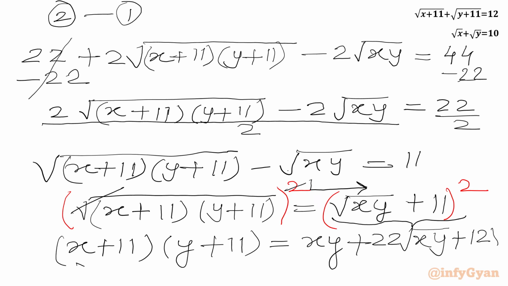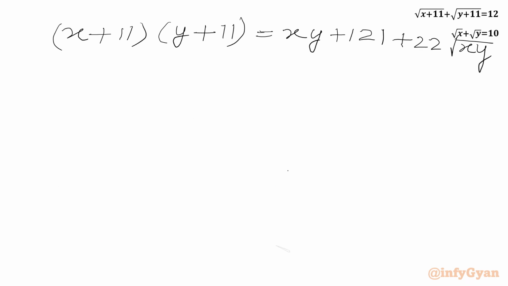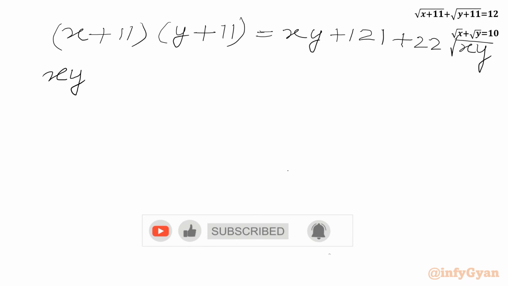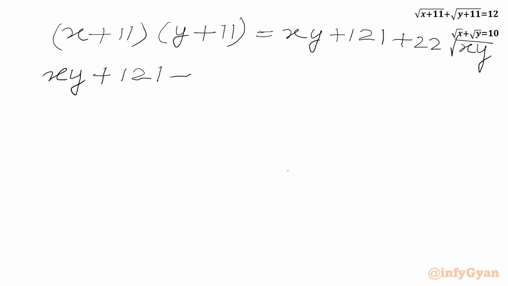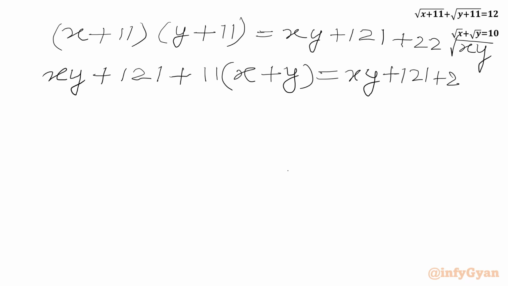Now we are going to expand our left hand side. Let's simplify LHS. We will write x times y, xy, 11 times 11, 121, plus x times 11, 11x, 11 times y, 11y. So we will write 11 times (x + y), and in RHS we have xy plus 121 plus 22 times the square root of xy.